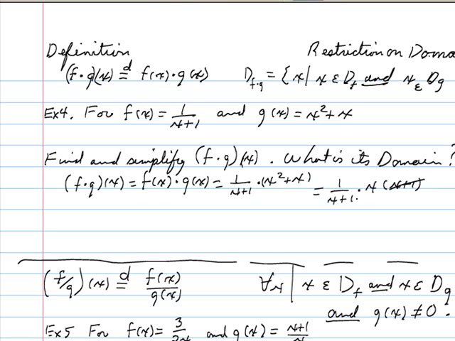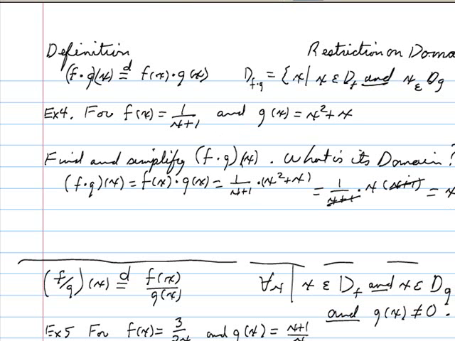And then the x plus 1 on the top would cancel the x plus 1 on the bottom. And we would get that f times g of x is just x. Well, it would be a lot easier evaluating this than it would be to evaluate these two complicated functions and then try to put them together in a product. So you can see the benefit immediately of forming a product function.